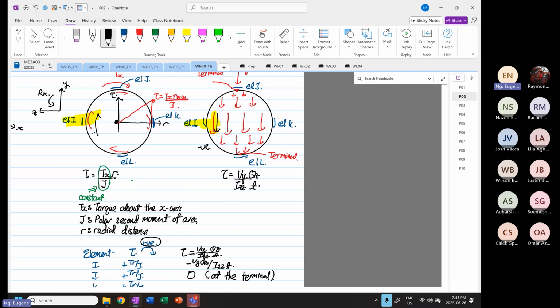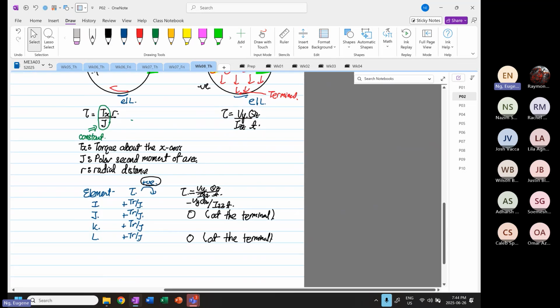Now, if we focus on element K, you realize that the shear stress due to the torque on the left-hand side and the shear flow due to the shear force at K are in the same direction.